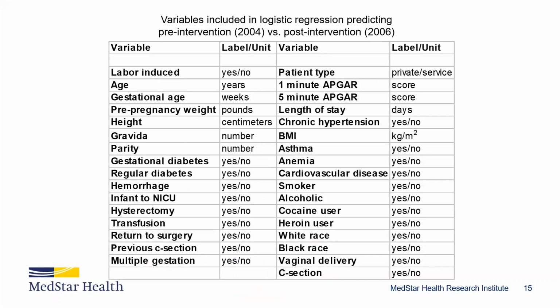So here are the variables that we used to calculate the propensity score. Our logistic regression was before the intervention, 2004, versus after the intervention. You can see that there's quite a large number of variables that we're going to use in our logistic regression equation. I say, well, that's a lot of variables to put in a regression equation.